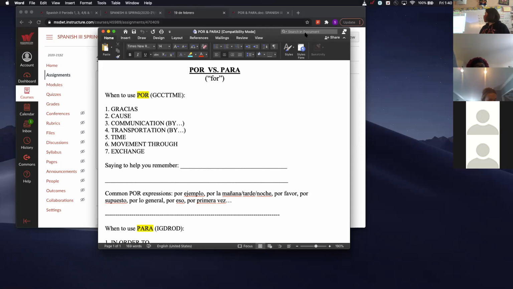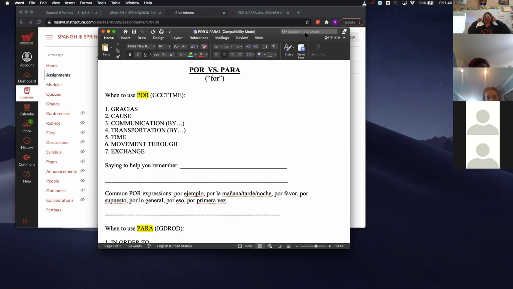Okay. So when we think of por, there are 7 things that I want you to think of. I'm going to use my little phrase from yesterday, but you came up with your own phrase that you need to work on memorizing. Once you've got your phrase, then you've got your reasons. Once you've got your reasons, then you're going to get this right. So por, por.